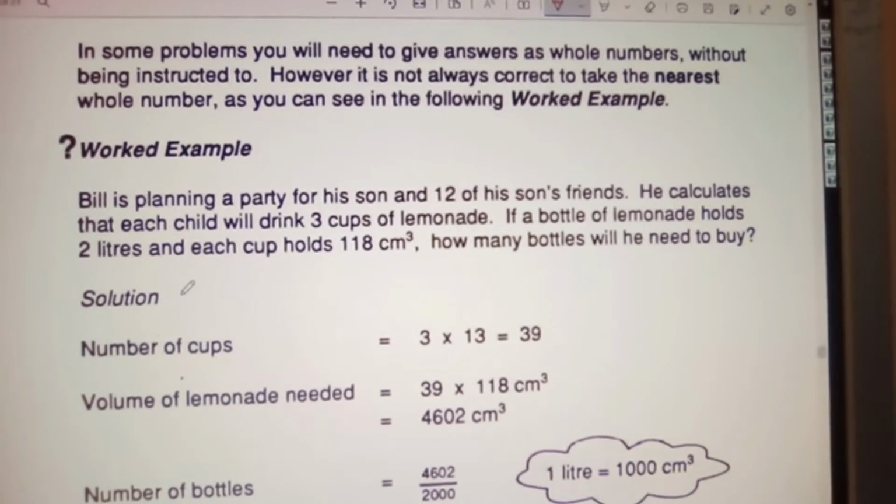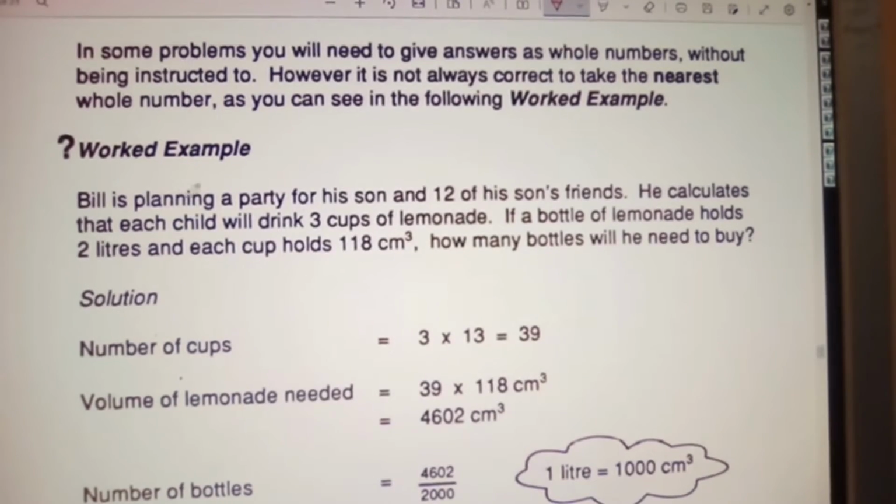Well, so the solution. Now let's extract, here we take out the information that we need.